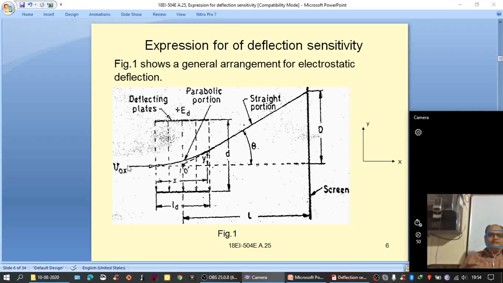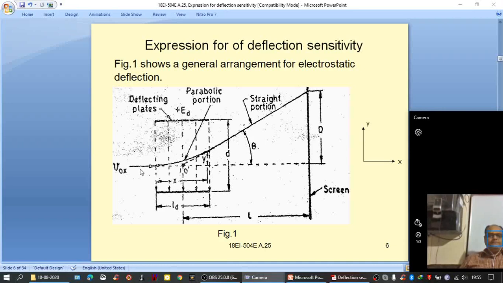First, the electron beam is produced by the electron gun. That is, the heater element heats the cathode and electrons are released from cathode.